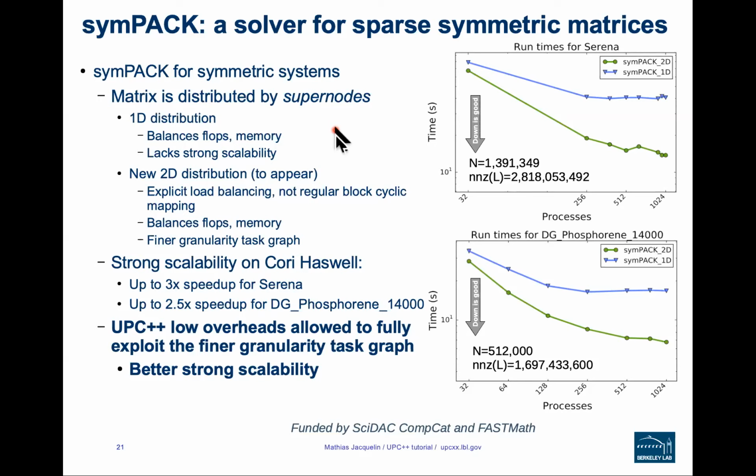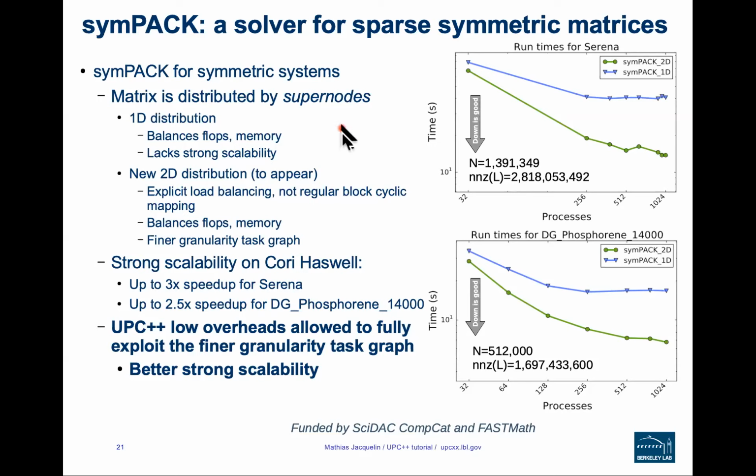So we have a work in progress where we have introduced a new 2-dimensional data distribution where we do the load balancing in an explicit way. We're not using a regular block cyclic mapping. We are able to balance the number of non-zeros per process in a better way, and balance the computational load. But what it results in is a finer granularity task graph.